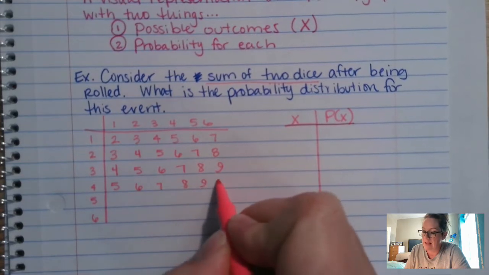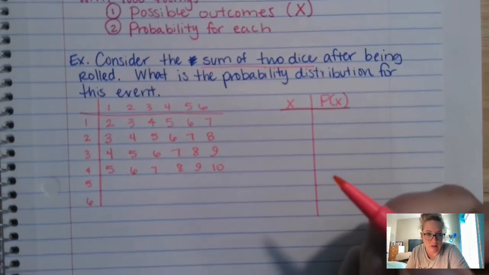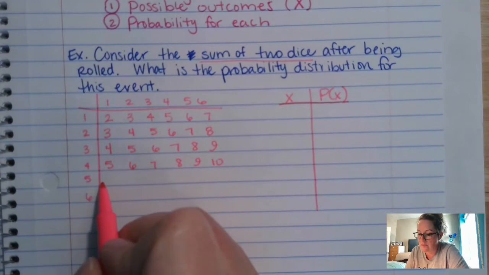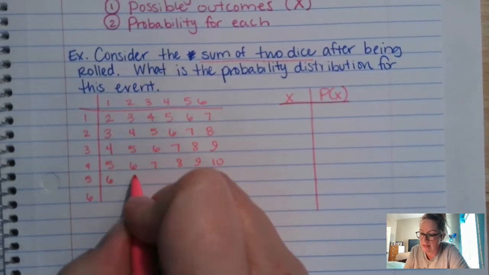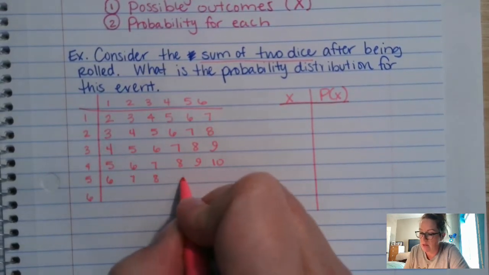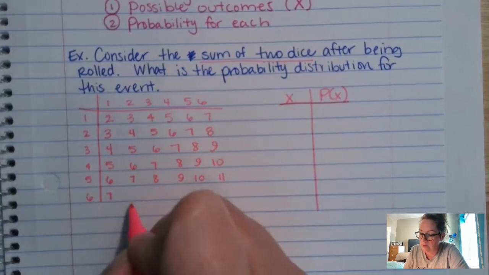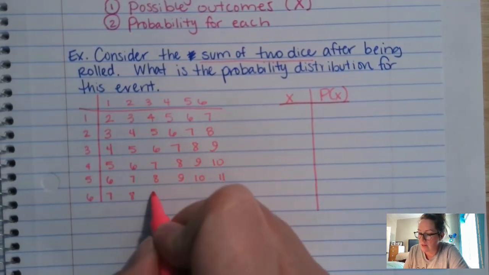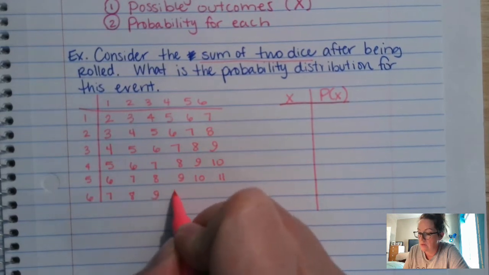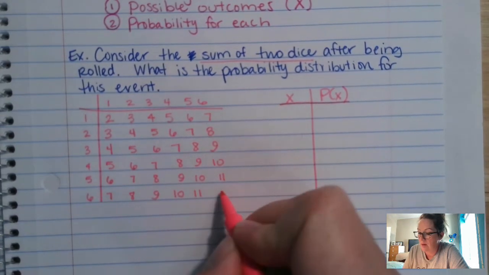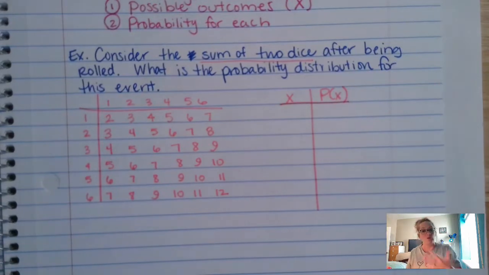If you can see the pattern, it starts one number higher, so 5 and 1, that's 6, and then these keep going up by 1. So it's a neat little trick to not have to fill it in so slowly by taking each individual sum. It's just a nice little pattern that this has.